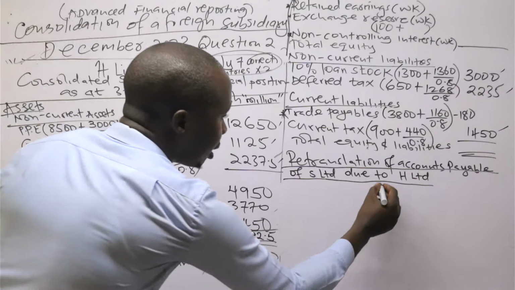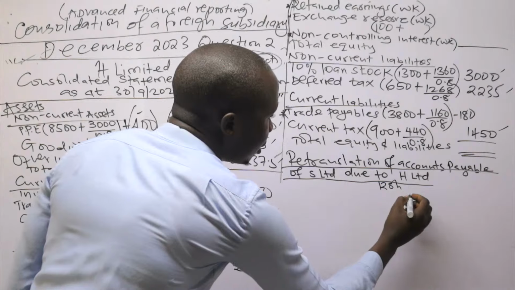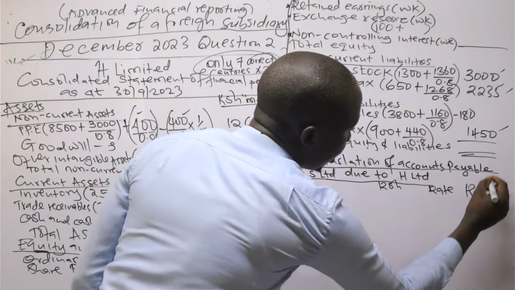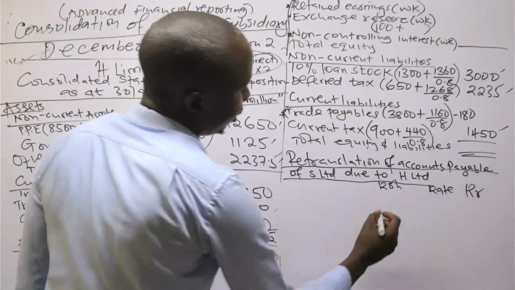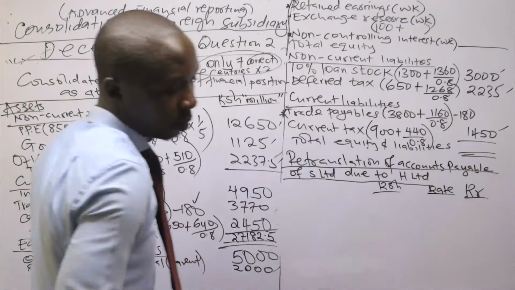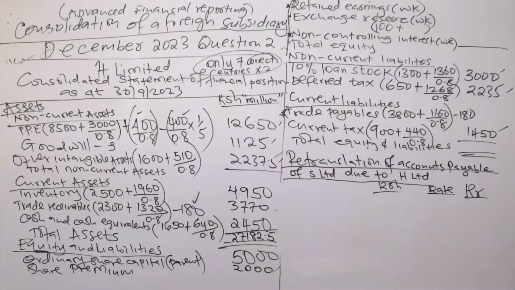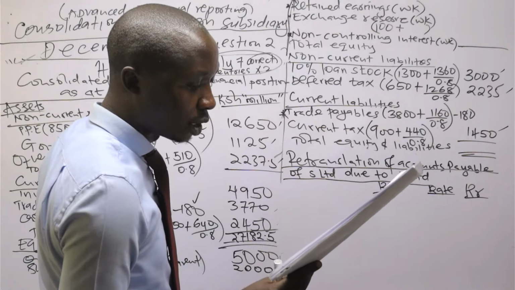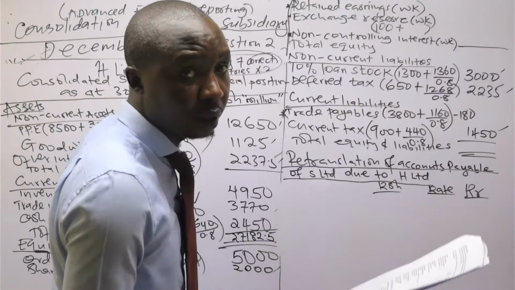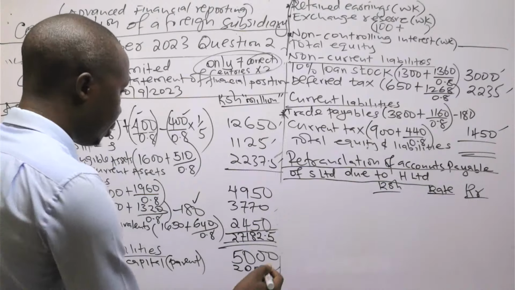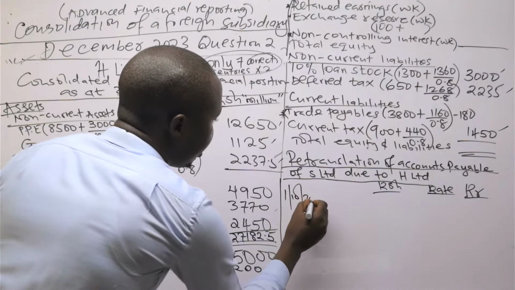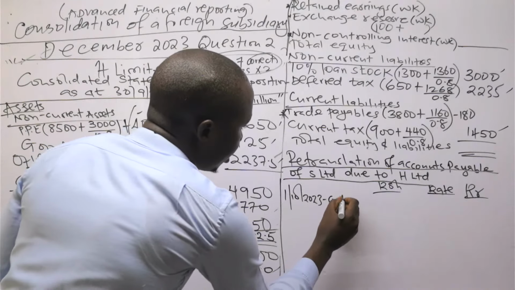So we have Kenyan shillings. The 180 was in Kenyan shillings. So we need to determine the rate. Then we get what? In krona. So this transaction took place on 1st October. The goods were exported on 1st October 2023. That is according to note 3.